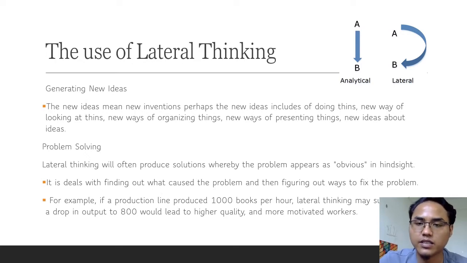Okay, as you can see in the right slide, we have the picture from point A to point B. For the analytical picture, that is straightforward from point A to point B. That is because we have the steps, we have to do the experiment, we have to design the solution in an organized manner.